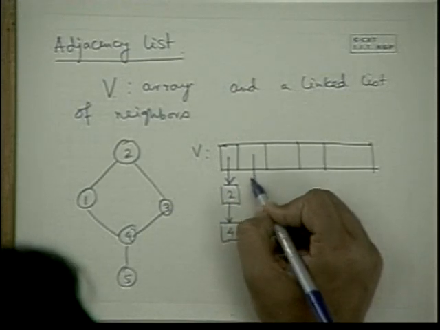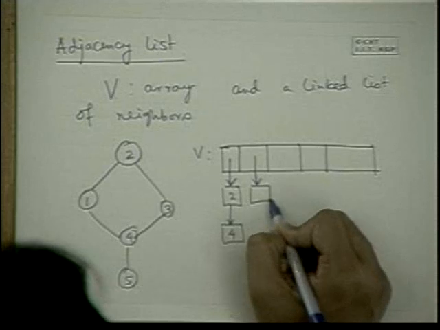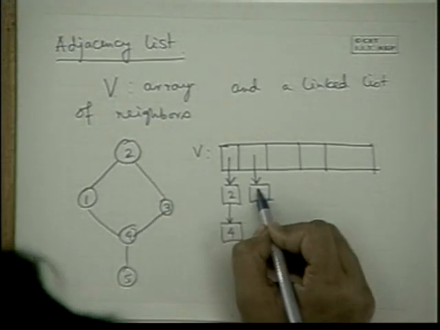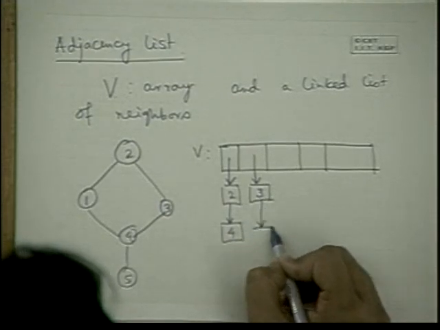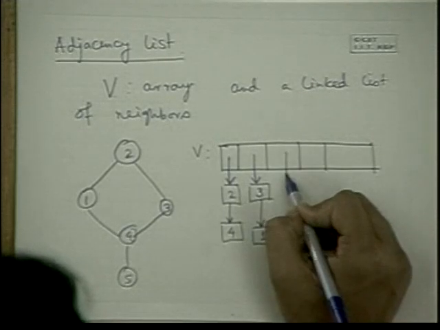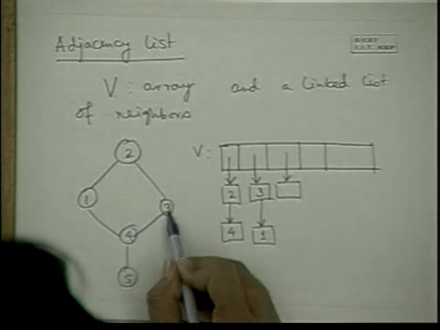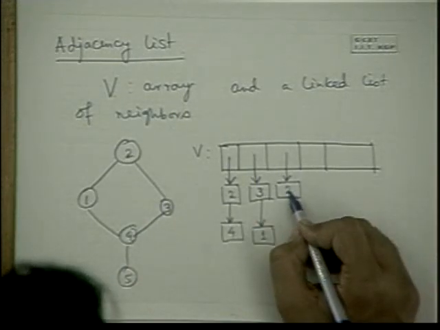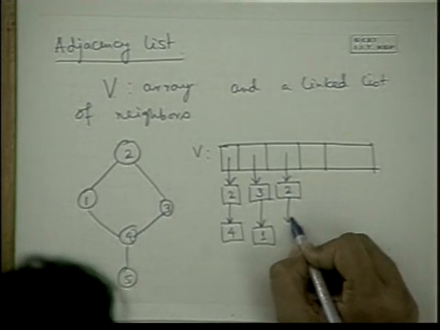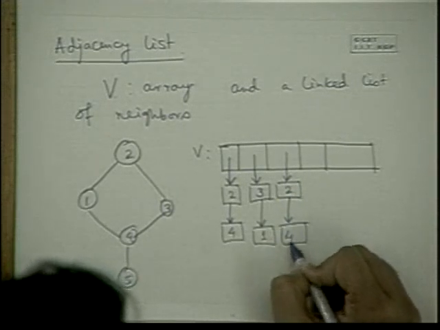Similarly, V2 will have a linked list structure. It will point to 3. Then V3 will point to 2, and this will point to 4.